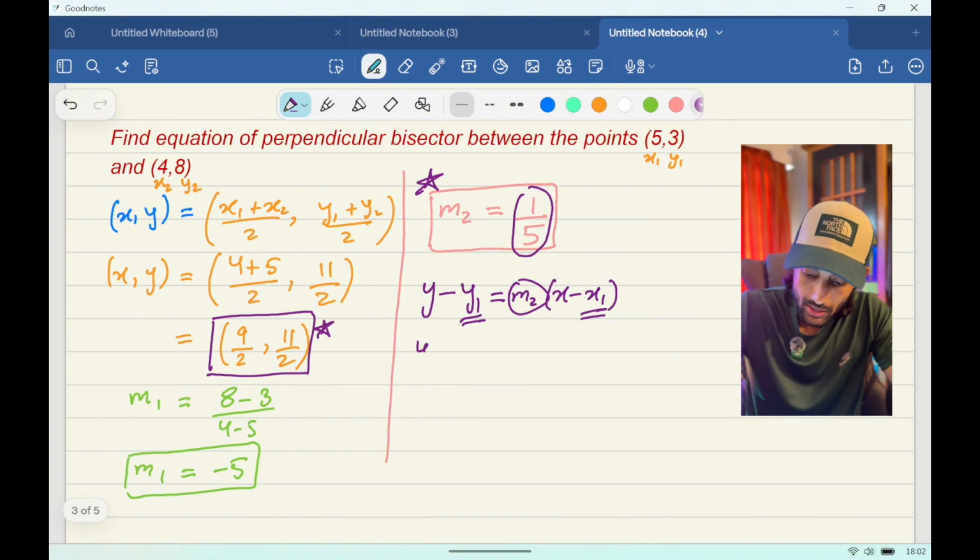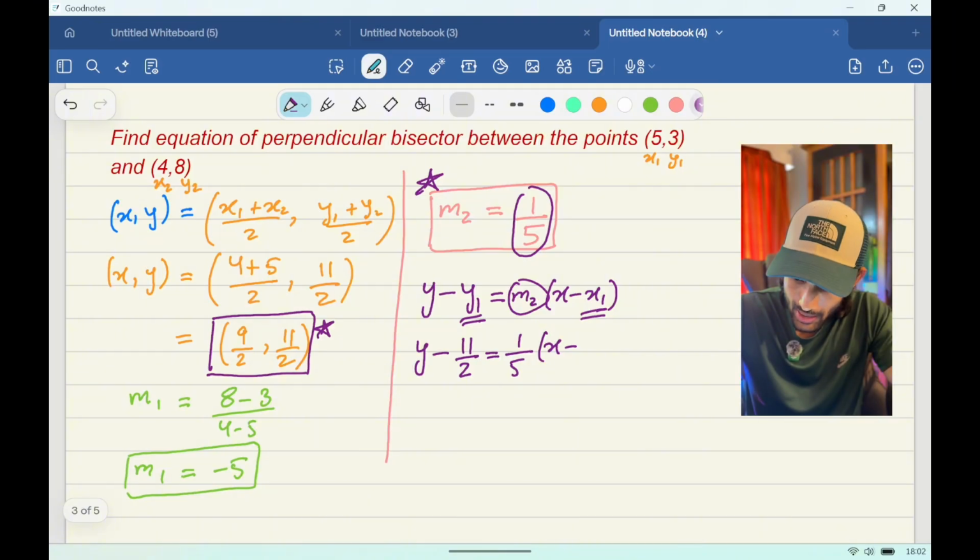If you do this, it will be really simple. So y minus y1, which is 11 over 2, is equal to m2, which is 1 over 5, times x minus x1, which is basically 9 over 2. Now all you have to do is some simplification.